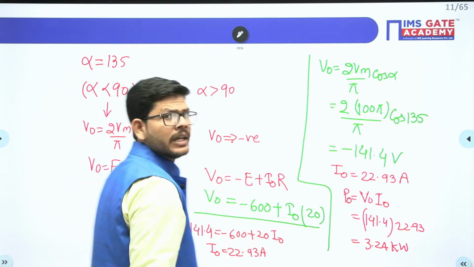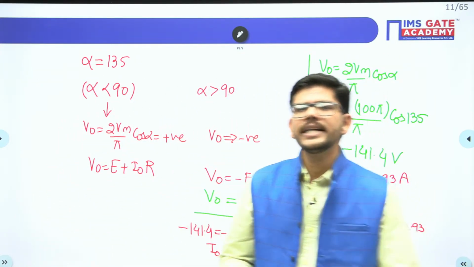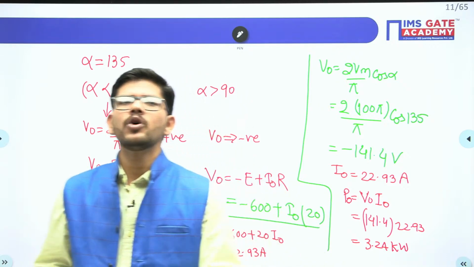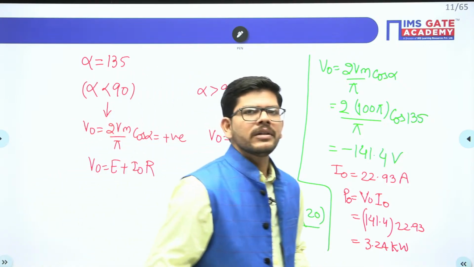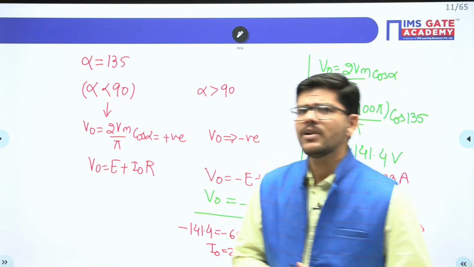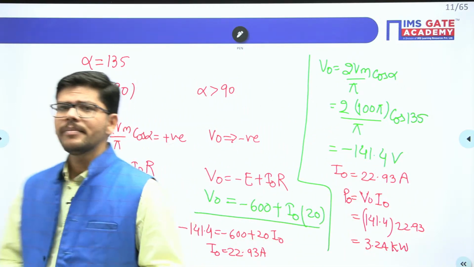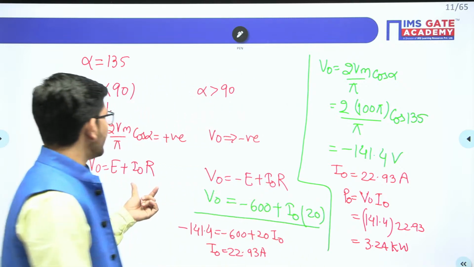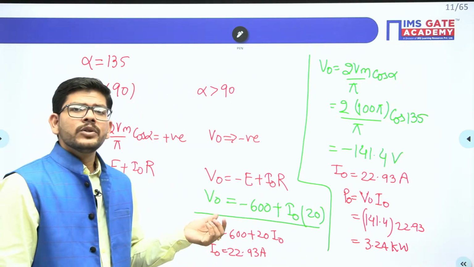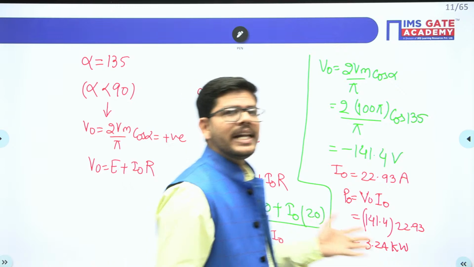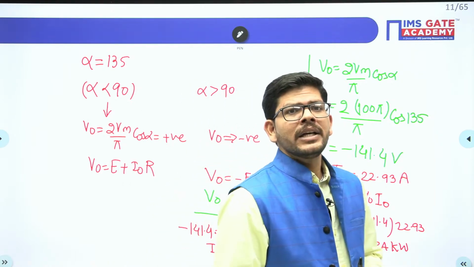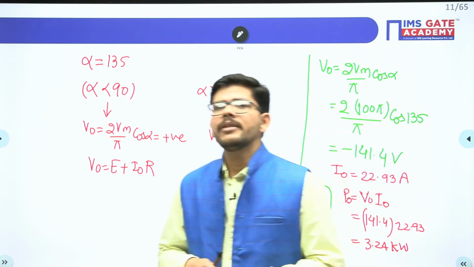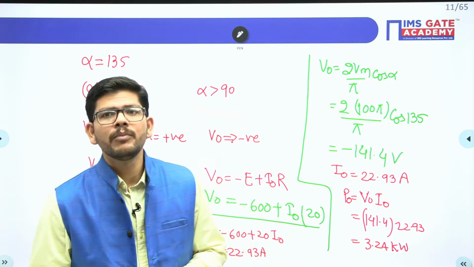But can you comment whether the load is delivering the power or absorbing the power? Since the output voltage is negative and the alpha value is greater than 90 degrees, this converter will be acting as a line commutated inverter.